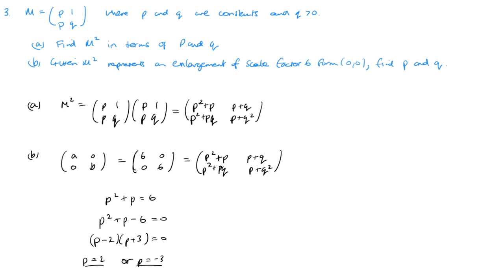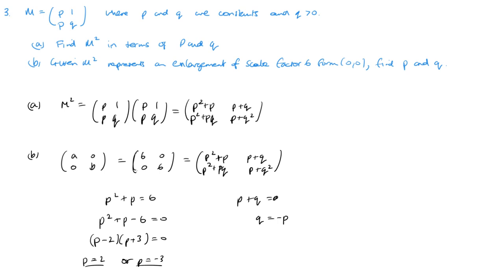Now, if I look at the next easiest one with P and Q in, this one, equals 0. So P plus Q equals 0. So Q equals negative P. Now, I know that Q should be positive.